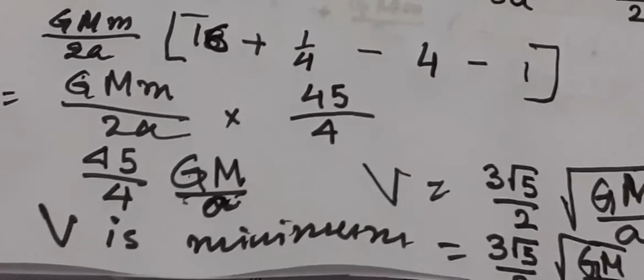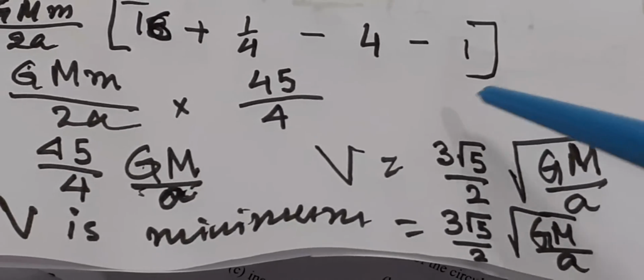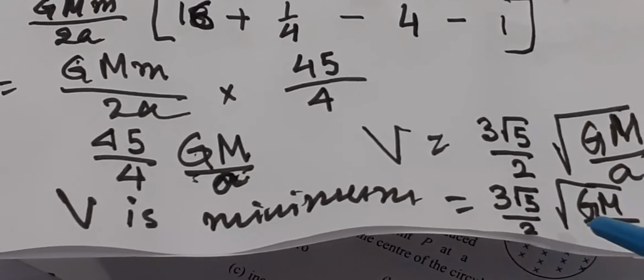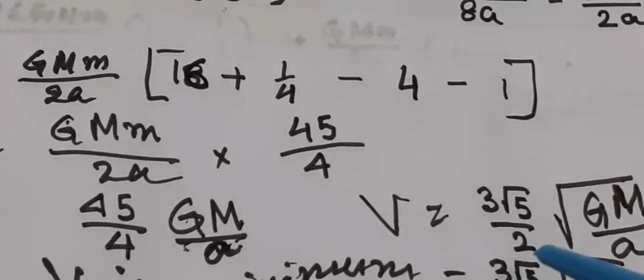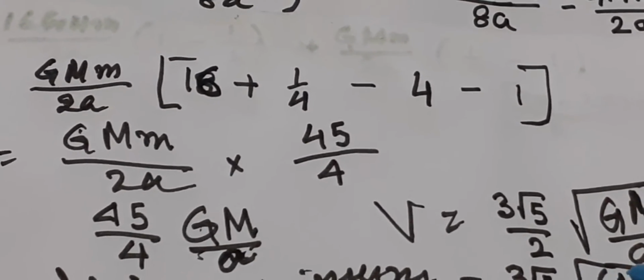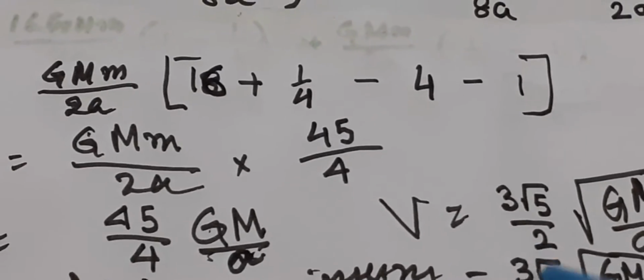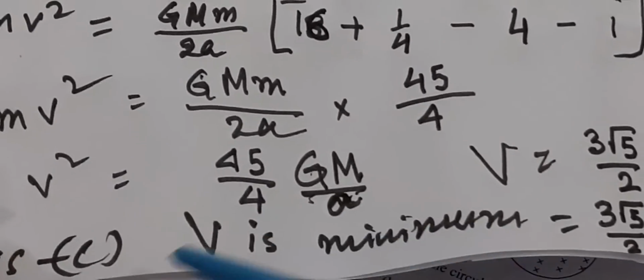It will come in terms of given parameters, that is v will be root under 3 root 5 by 2 root under GM by a, or you can take the 5 inside, that is root under 5GM by a, with 3 divided by 2 outside. That will be the answer. Answer C will match with this.